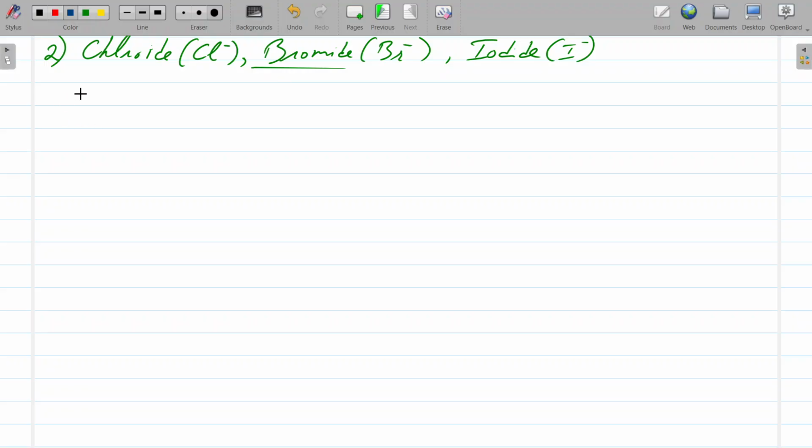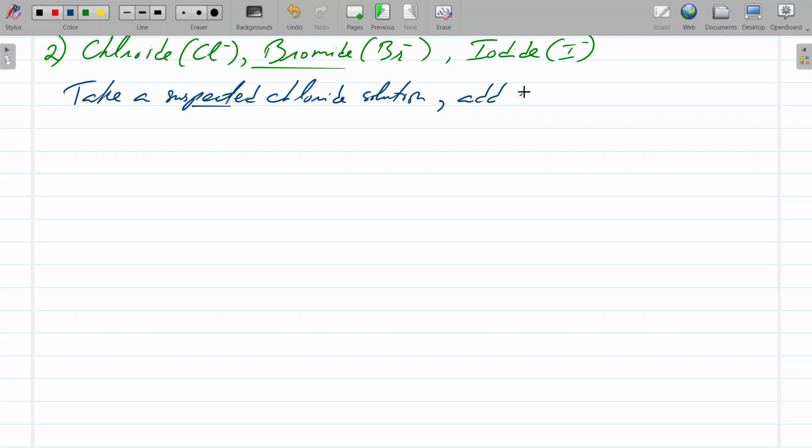So what you do is you take a suspected chloride solution, so you're guessing, and you add a small volume of dilute nitric acid.